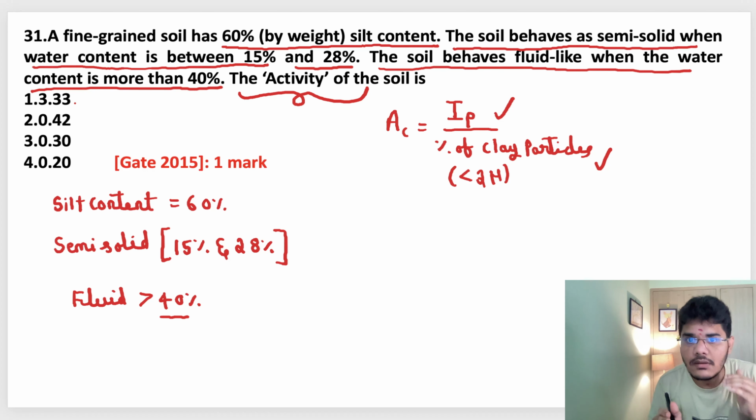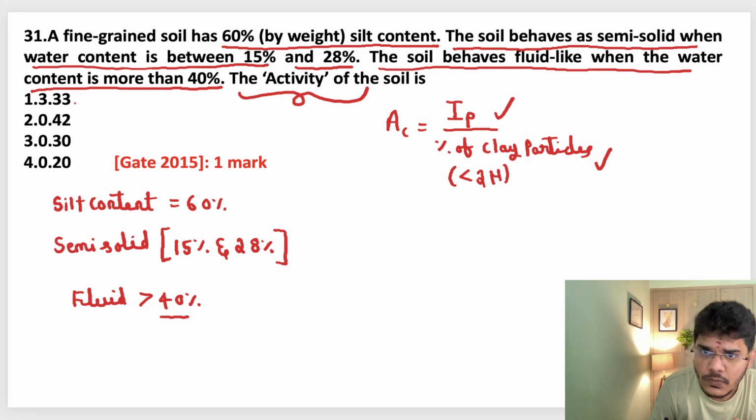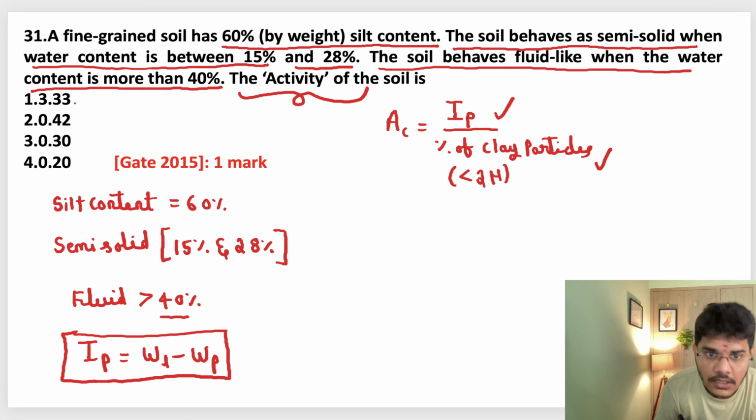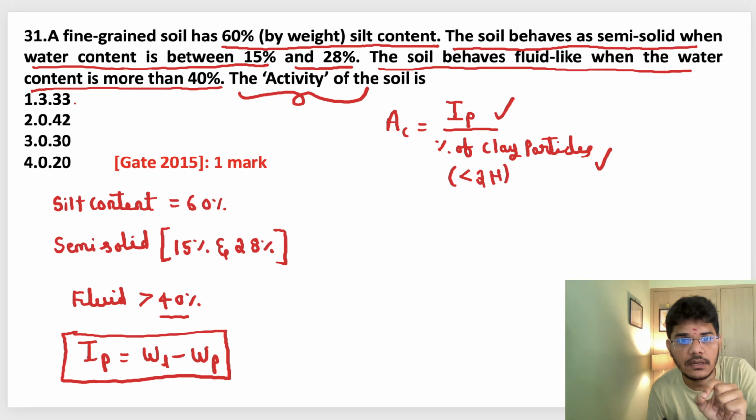Now we will solve the problem. We have to calculate IP. IP is equal to WL minus WP, liquid limit minus plastic limit. So first we have to know the liquid limit and plastic limit.